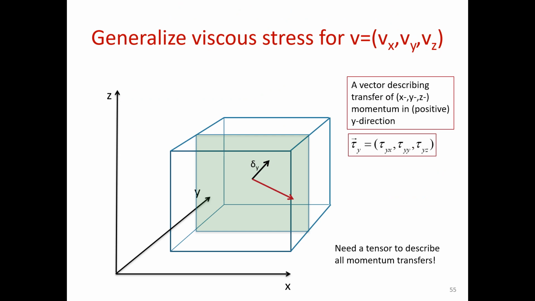So I have a vector that describes how my x, y, z momenta transfer across the y plane. Similarly, I have tau x and tau z, vectors that describe how x, y, z momenta transfer across the x plane and z plane. When I put these three together, I can put them into a stress tensor, a matrix. And that is my generalized tensor.